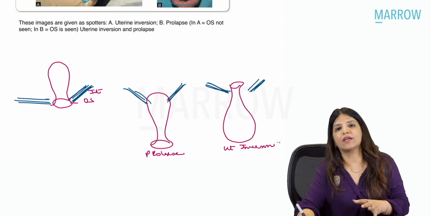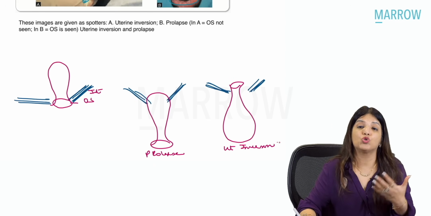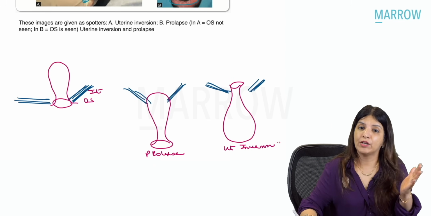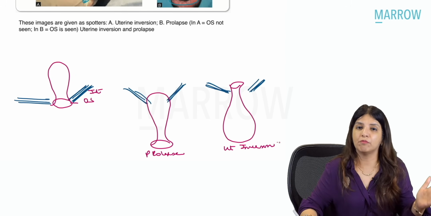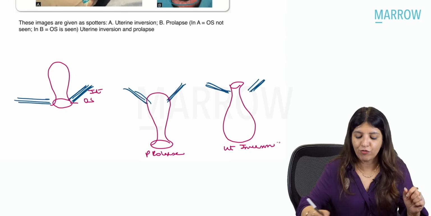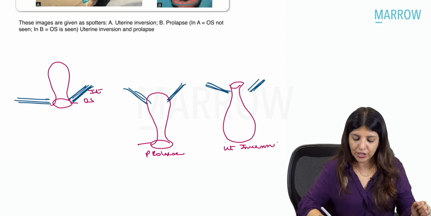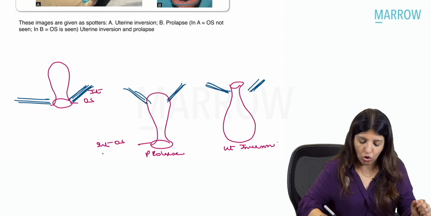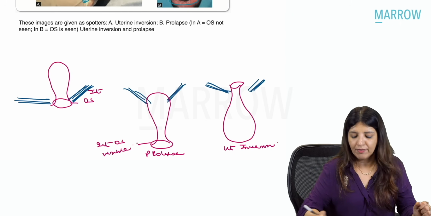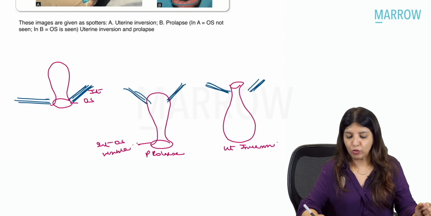Now, whenever you are given an image and you are confused whether you are looking at the image of inversion or the image of prolapse, see if internal os is visible or not. If internal os is visible, that means you are looking at the image of prolapse.